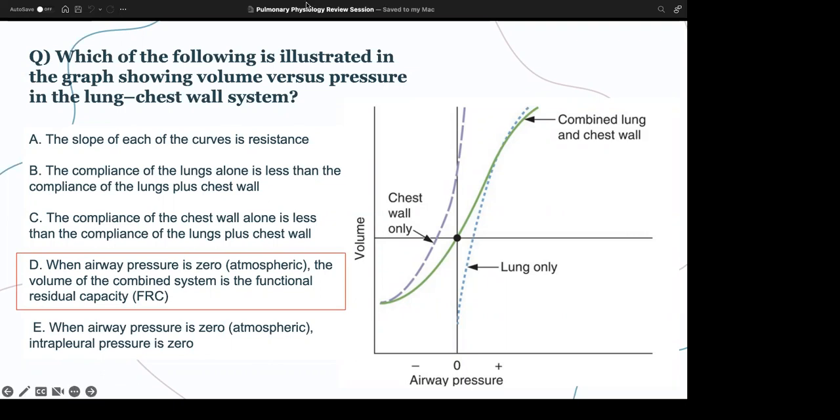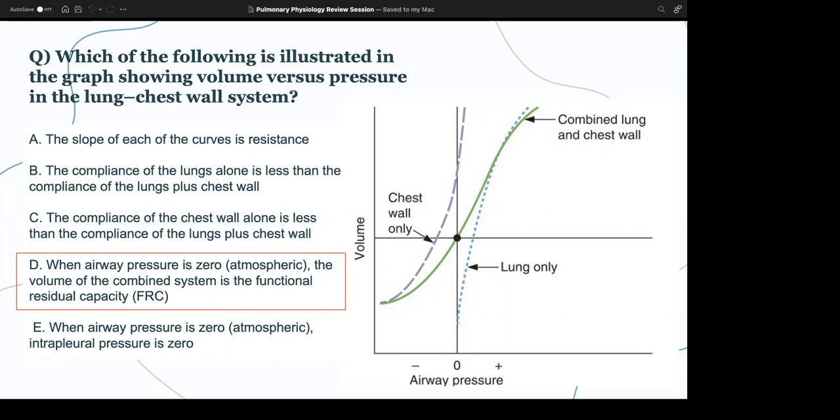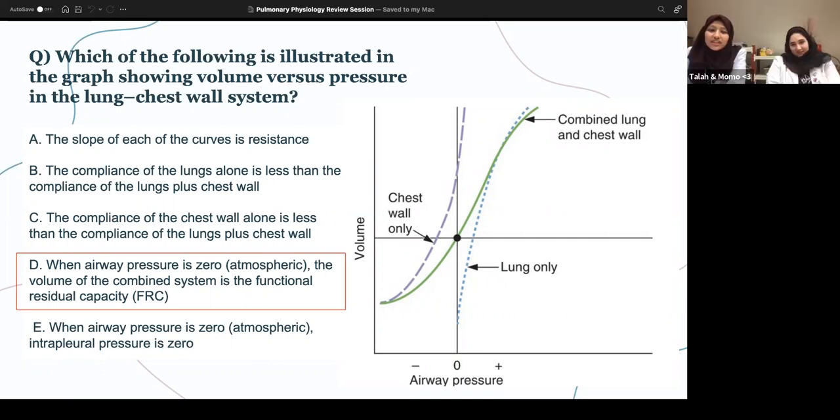The black dot that shows the intersection is the FRC, and that's at 0.0. The lung is recoiling inwards, and the chest wall is recoiling outwards, so they both meet at that point, which is 0.